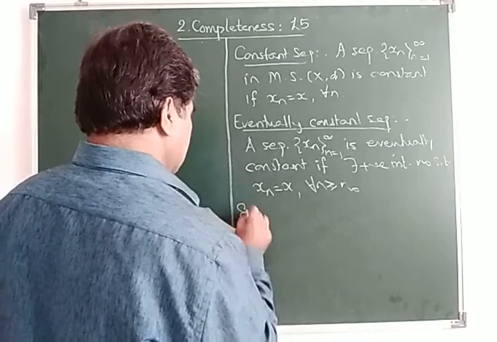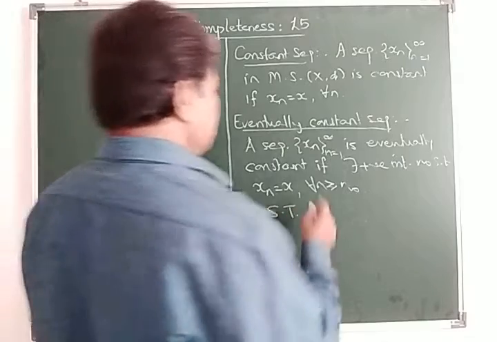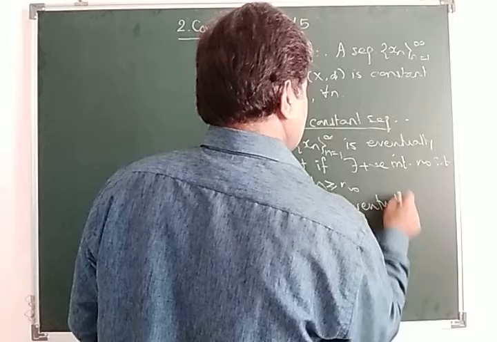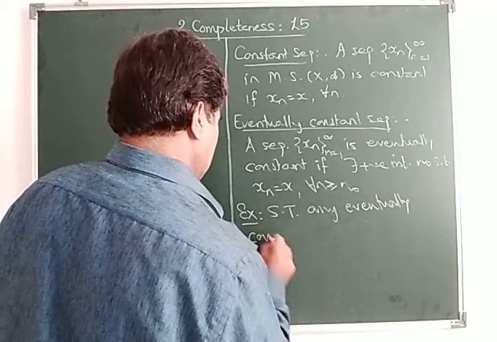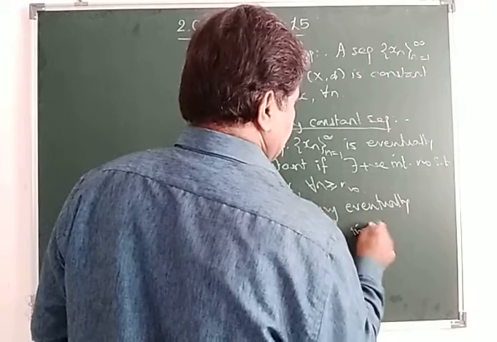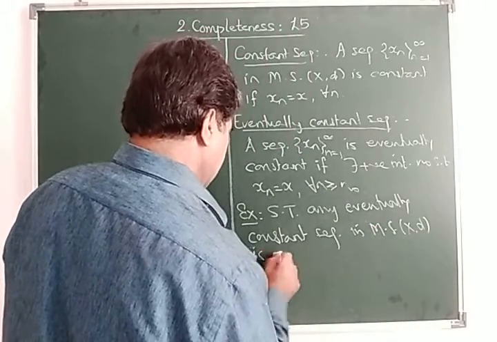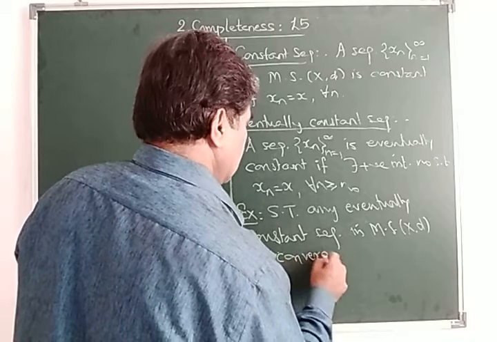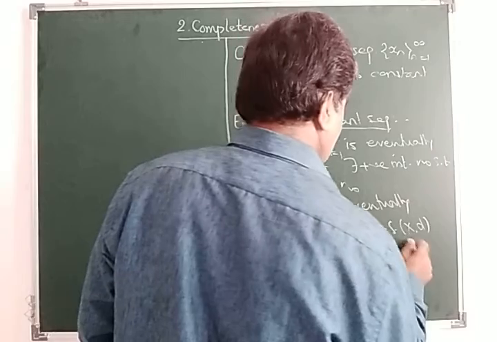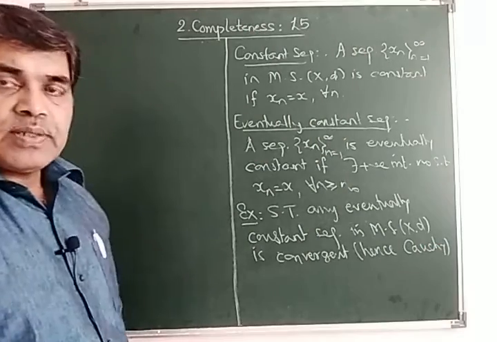Example: show that any eventually constant sequence in metric space (X, d) is convergent and hence Cauchy, because we know that every convergent sequence is Cauchy.